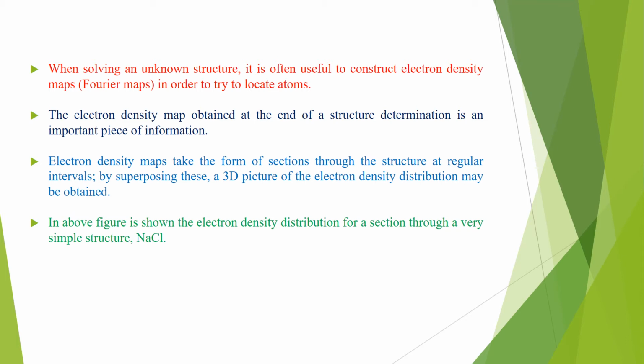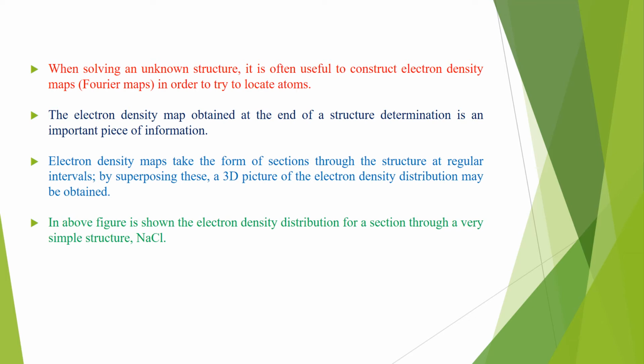As the structure refinement proceeds, the quality of the electron density map usually improves, the background electron density decreases, and more peaks due to the individual atoms become resolved. The electron density map obtained at the end of the structure determination is an important piece of information.